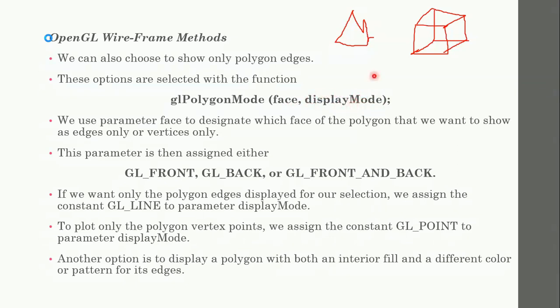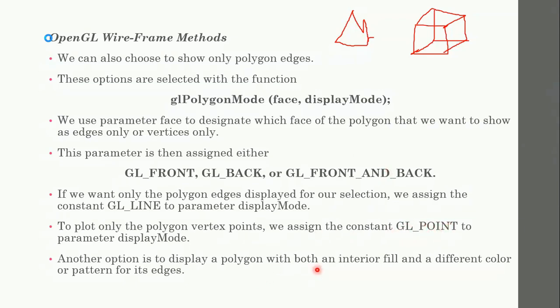You can either display only the lines, that means only the edges, with the help of the GL underscore line parameter. You can have only the lines of the polygon. And next you have GL underscore point. Suppose you want to display only the points of the polygon, then you can define it with GL underscore point.